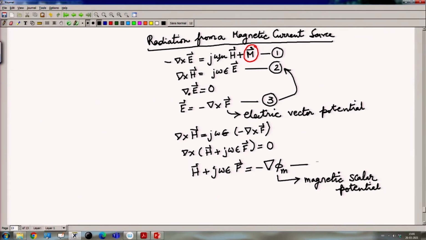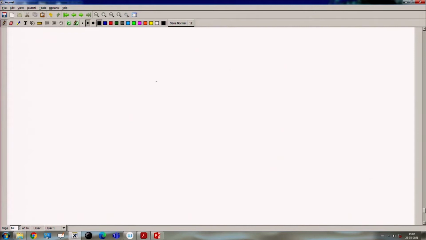So, we call this equation number 4. So, we now substitute 3 and 4 into equation number 1.